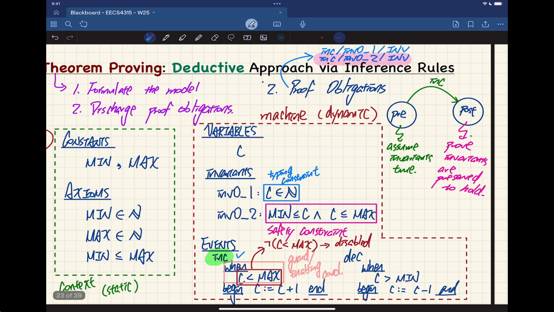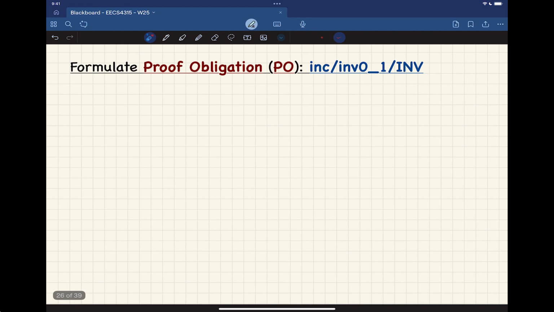All right, guys, let's now try that, right? For those of you who thought about how to formulate this condition, that's good. If not, let's do it together. It's been a while. All right? Let's remind ourselves about the sketch of the proof obligation, right? Basically, you have to put all the axioms, and also you have to put all the invariants.